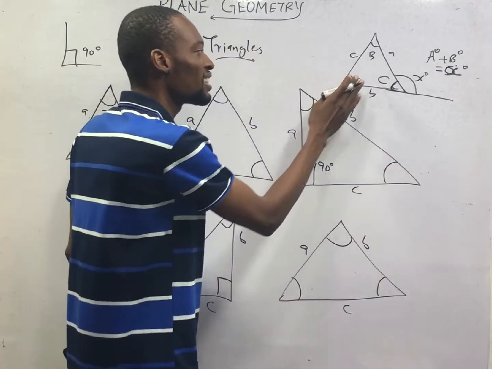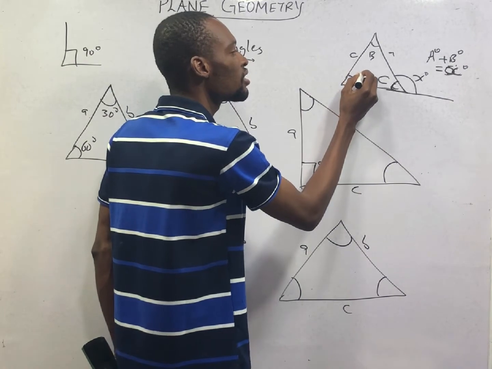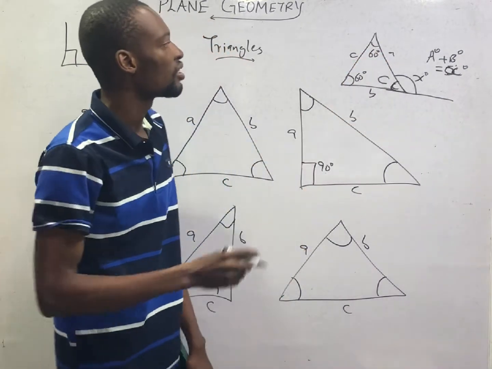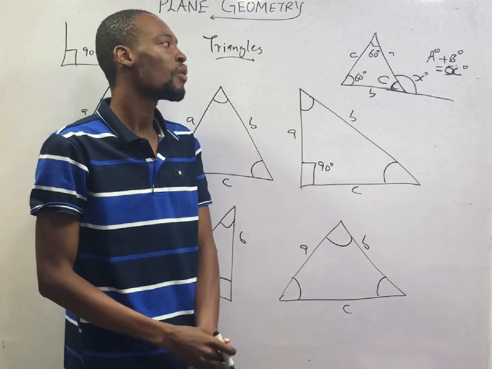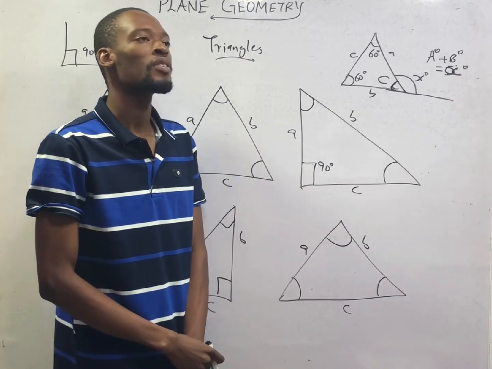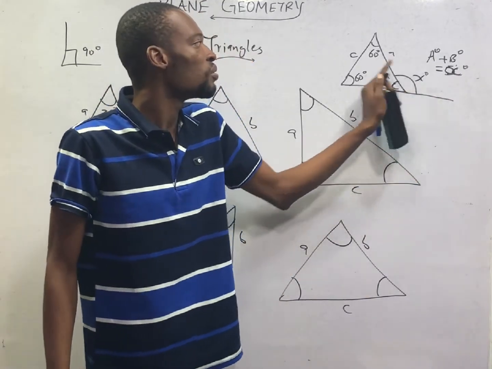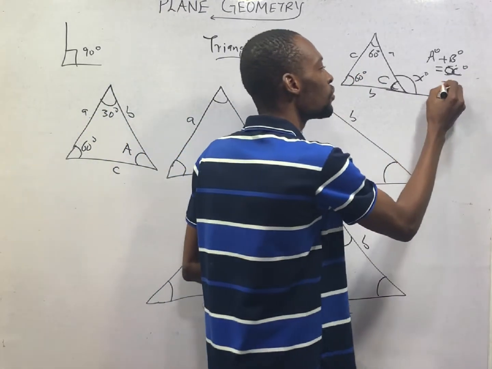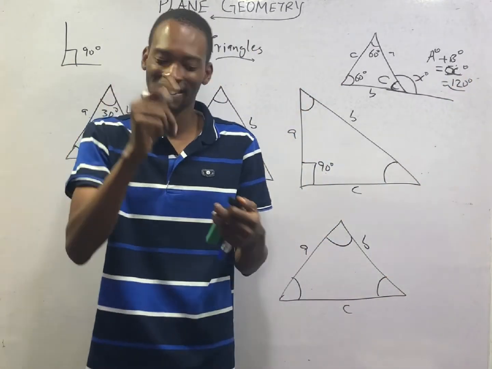So if I give you something like this, and here I say 60 degrees, then here I say 60 degrees, and I say find S without giving you C, what would you do? You simply say that S degrees is equal to 60 degrees plus 60 degrees, opposite angles, and that will give you 120 degrees. This is method 1.